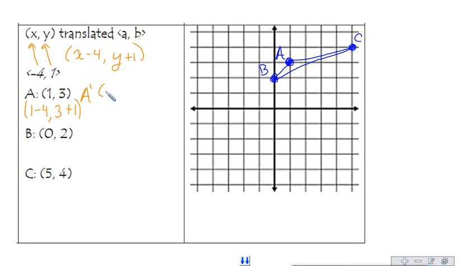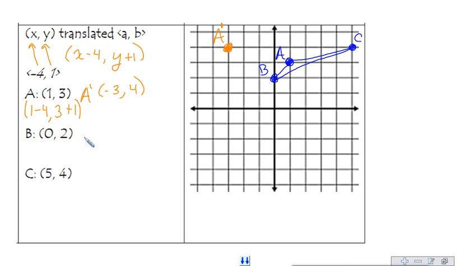So 1 minus 4 is negative 3, and 3 plus 1 is 4. So my new A is at negative 1, 2, 3, and up 1, 2, 3, 4. And there's my A prime, right? I went left 4 and up 1.